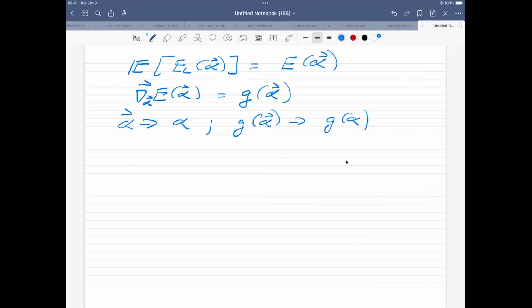And my alpha optimal, where I have the minimum, is actually going to just be given by alpha hat. So what I'm going to do now is to make a Taylor expansion of this function which I have. I'm going to make a Taylor expansion of the energy around the optimal value. So what I'm going to say now is the following. I'm going to introduce some notations here, because I want to prepare for a Taylor expansion.